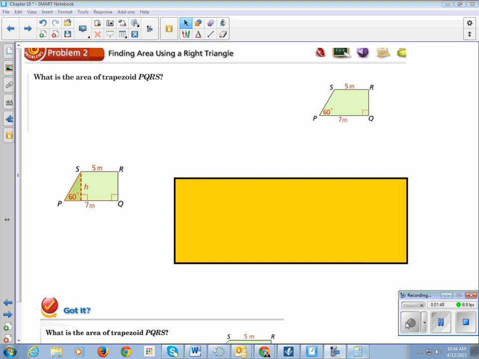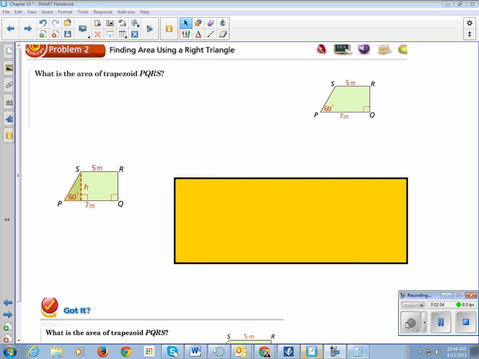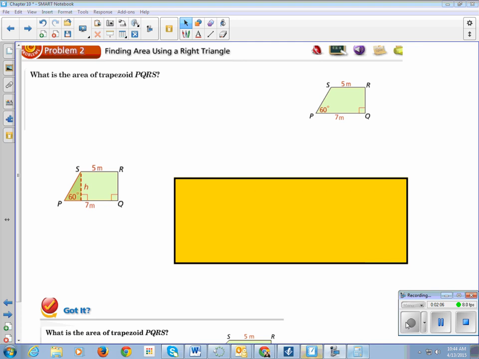So here's where we get a little shifty. For those of you who thought we could learn about 30, 60, 90 and 45, 45, 90 triangles and then just forget everything about them, this is where that comes back to us. We want to know the area of this trapezoid PQRS.